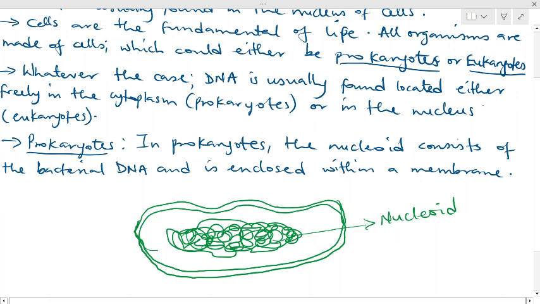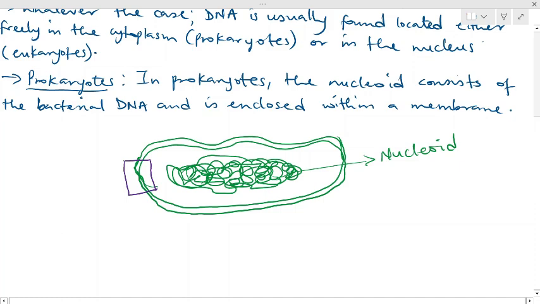You have this section here, and the whole of this could represent the membrane, which includes the inner plasma membrane, the cell wall, the periplasmic space, and the outer membrane.